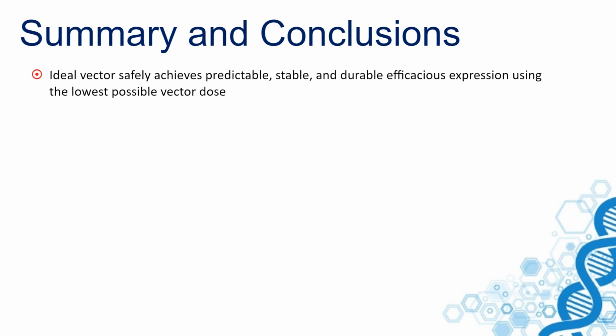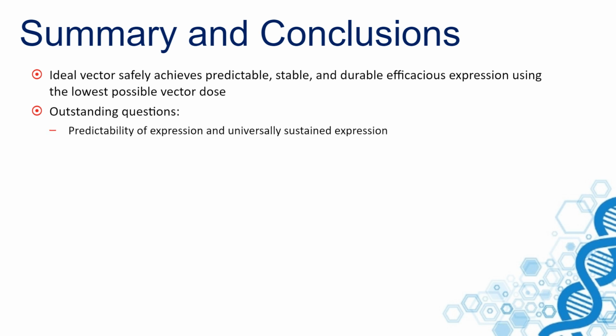And then, of course, when explaining and consenting the patient to receive vector, to outline what are currently outstanding questions, although hopefully in the future we'll have a better sense of the answers. So the first is understanding the predictability, or in some cases, particularly related to what we've observed so far in factor VIII, the unpredictability of expression. And then, why are some trials able to observe durable expression and some are not?